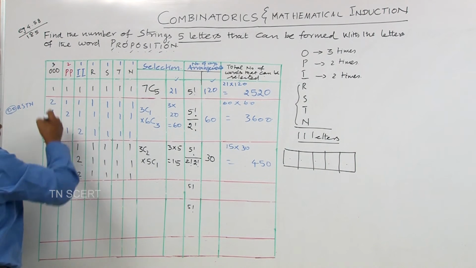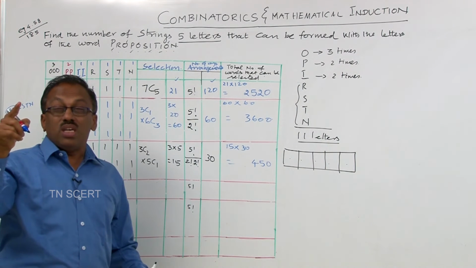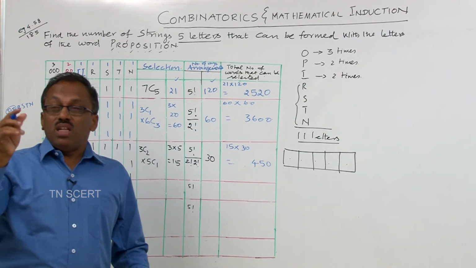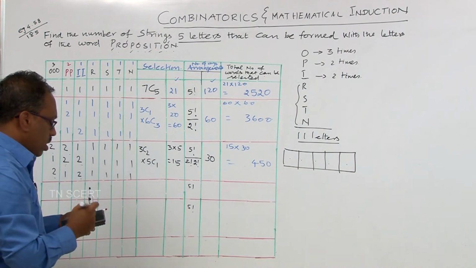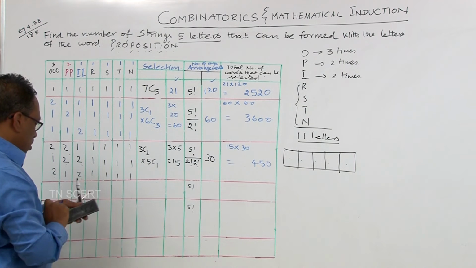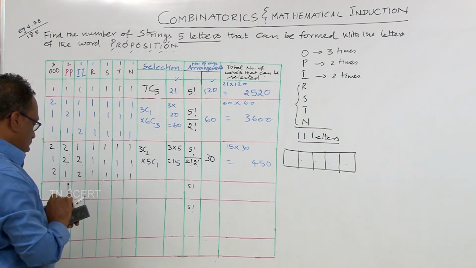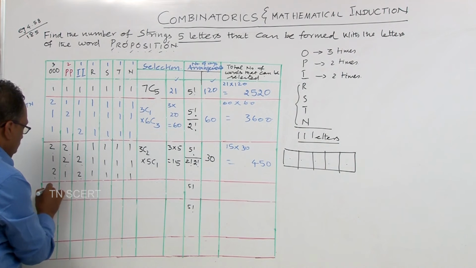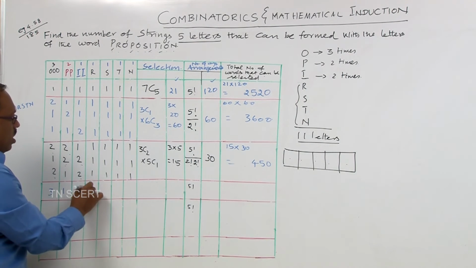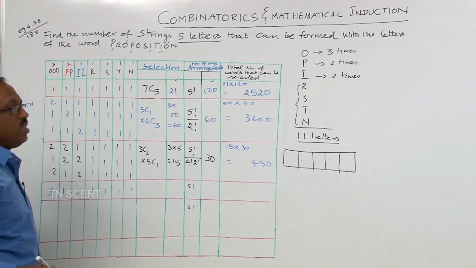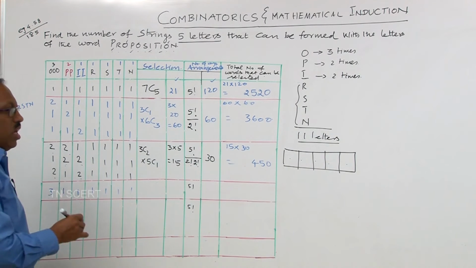Here a 3-letter word, O is the letter, it has come thrice. So that means we have to choose only this. That is nothing but 3 here, then 1. Here everywhere it is 1, 1, 1 like this. So that means there is no other possibility.